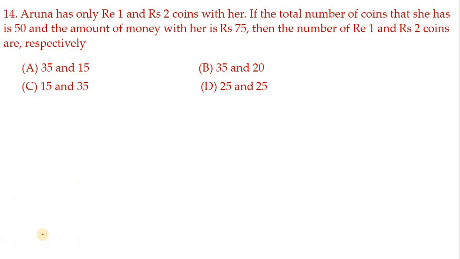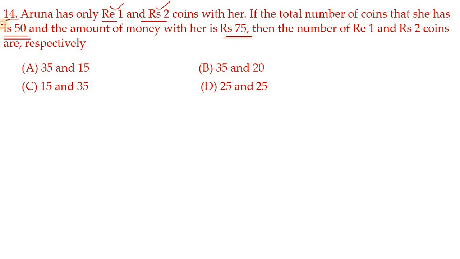Children, this problem can be done by using mind work also, or else it can be solved by using a normal method. See here, Aruna has two different kinds of coin. One is rupee 1 and another one is 2 rupees coins. And total how many coins are there? 50 coins. And the amount of money is how much? 75.